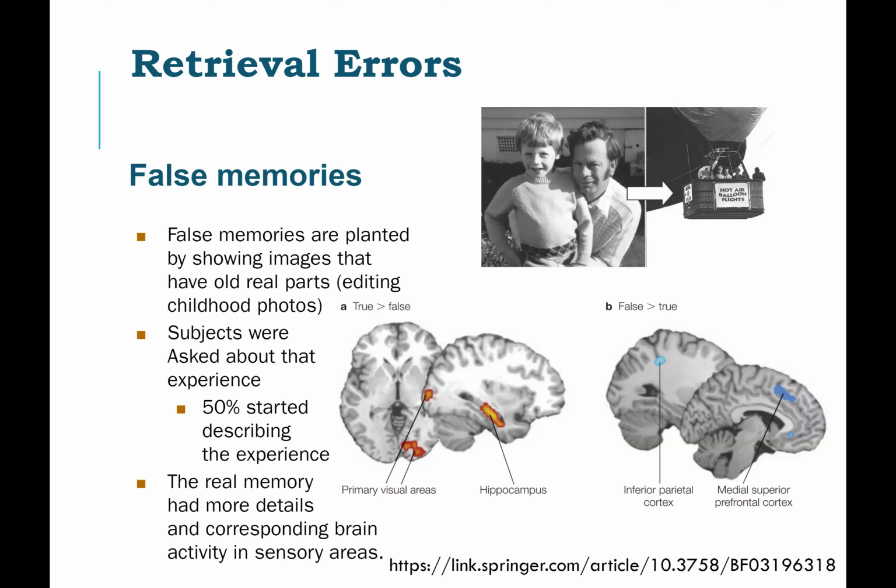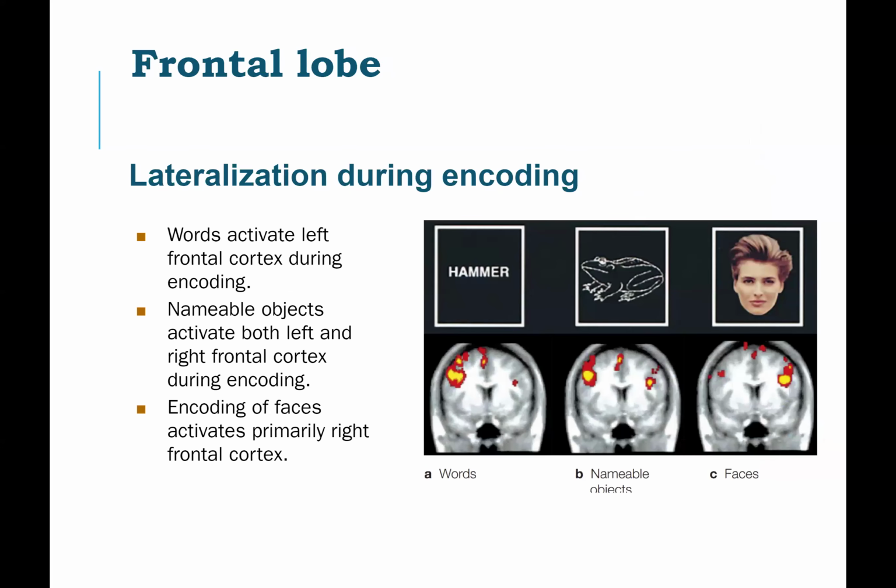I don't know how much you want to believe that, but there may be some truth to it, where events that are real maybe activate a bigger network, a more widespread network that is associated with that. Okay, those are false memories. So beware of when you think that something happened.